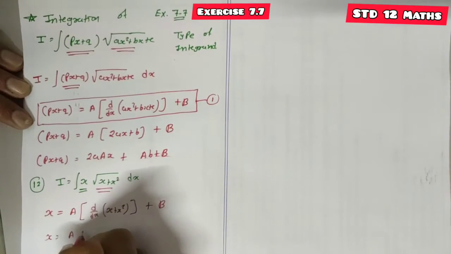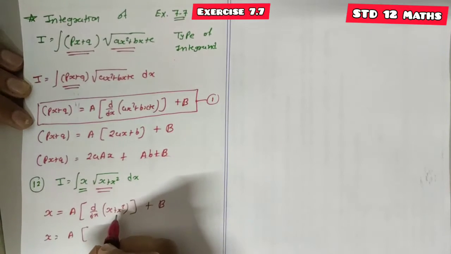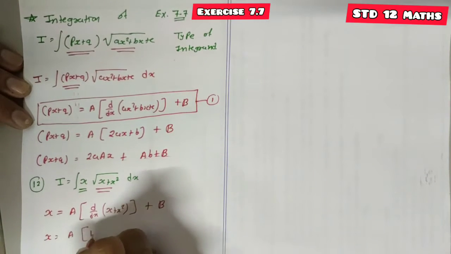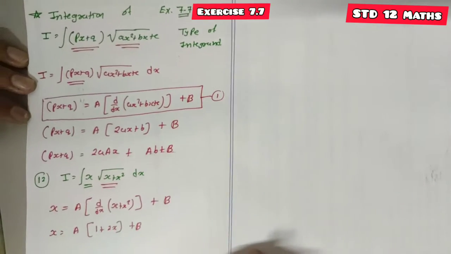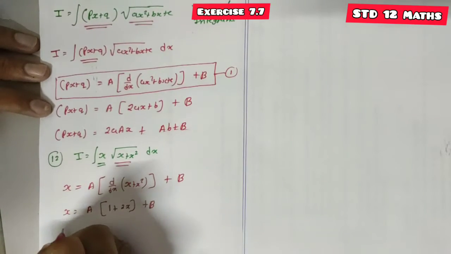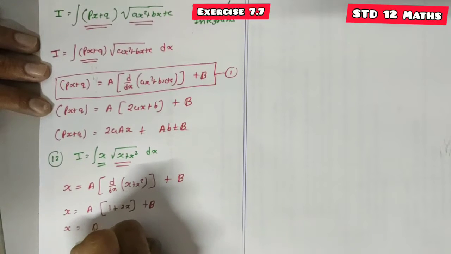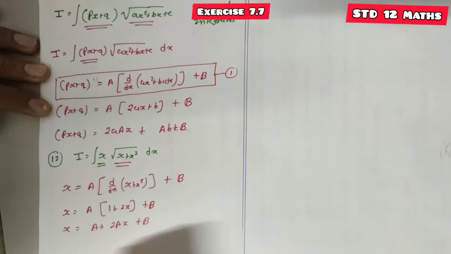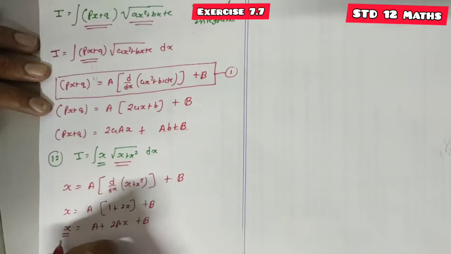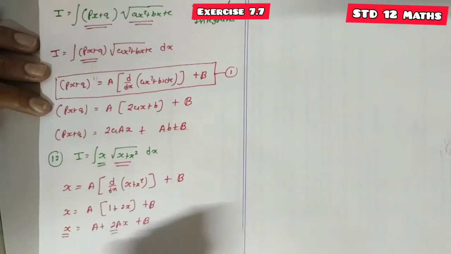So this one is a into differentiation of this x plus x square. Differentiation of x is 1 plus 2x plus b. Done. Simplify this. So this one is x equal to a plus 2ax plus b. Compare the coefficient. Here coefficient of x is 1. Here coefficient of x is 2a.